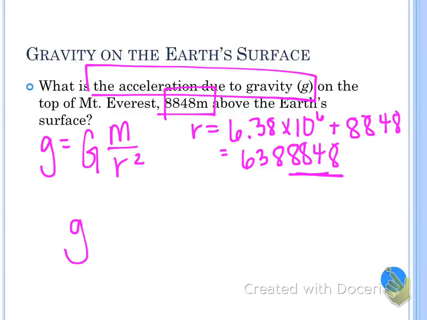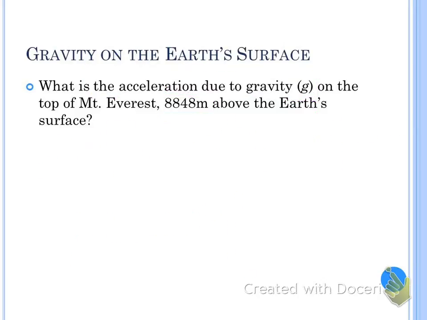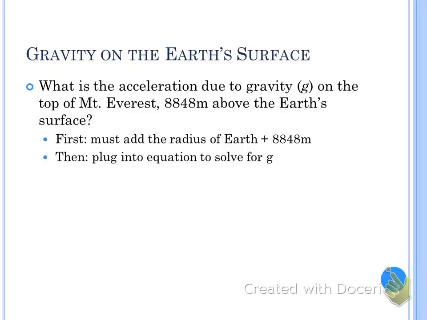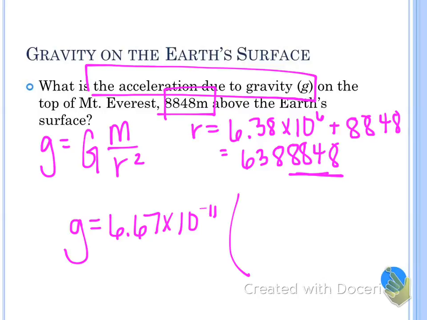So when we plug it into our equation, what does big G equal? Good, 6.67 times 10 to the negative 11 times M, which is the mass of the Earth. Not the mass of the object, the mass of the Earth.